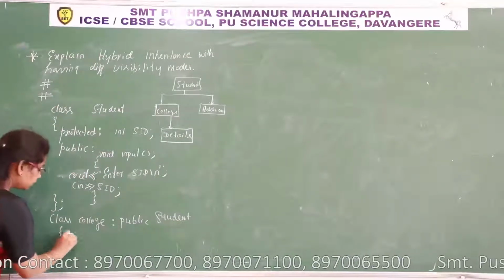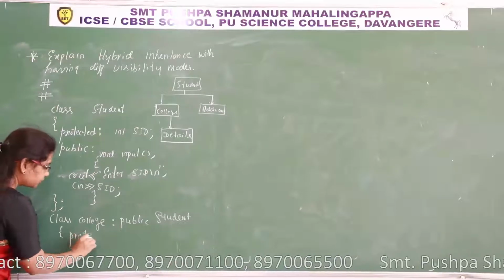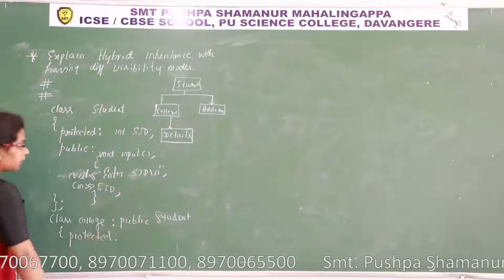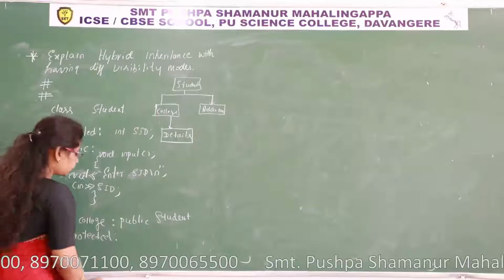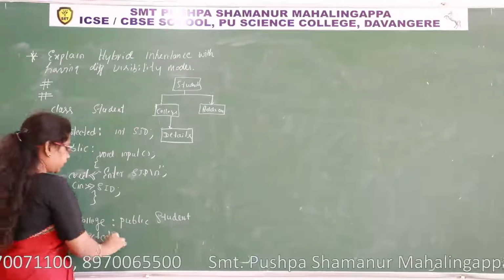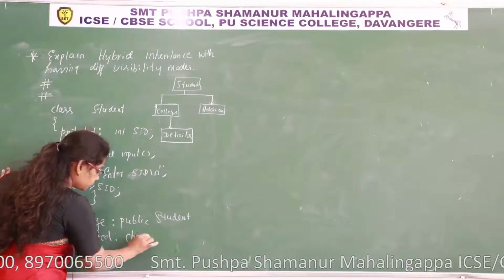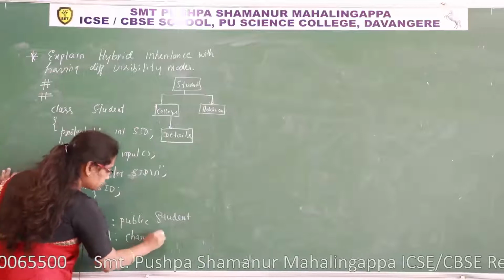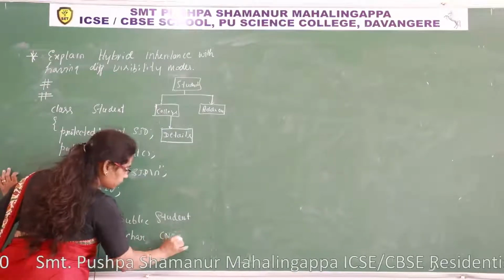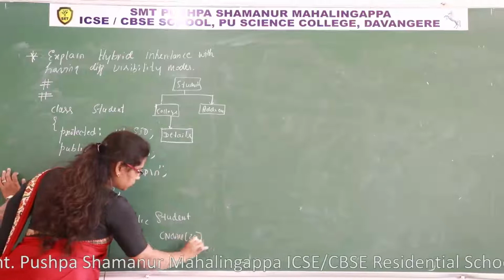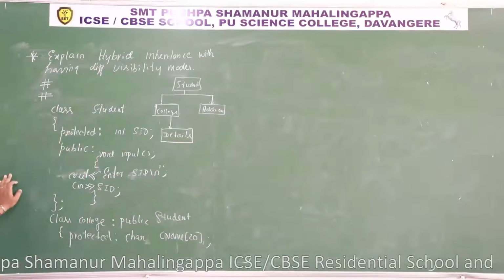Open flower bracket. In the protected section, I'll take the data member college name. I'll take only one data member here to make it simple. Char C name, that is college name. It would be a string, so I must take a character array here.